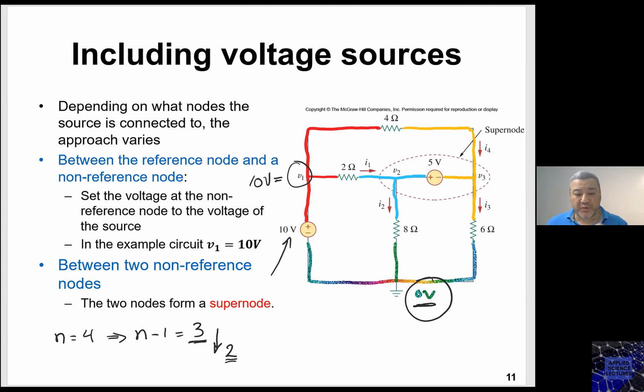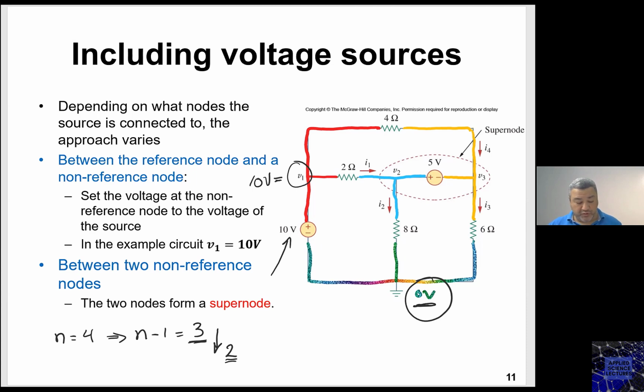Because this is what this 5 volt voltage source has done. It created a fixed relationship between the potential at V2 and the potential at V3, such that the potential at V2 is always greater than the potential at V3 by 5 volts.